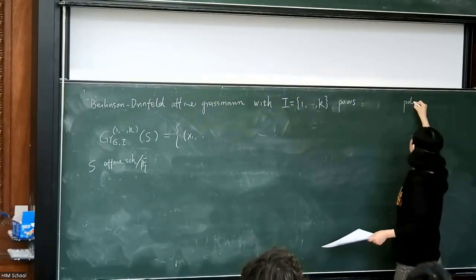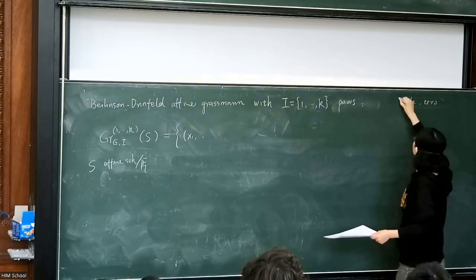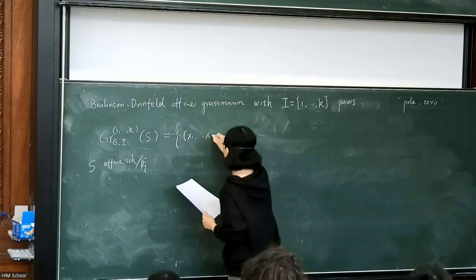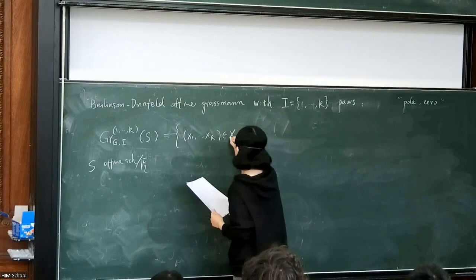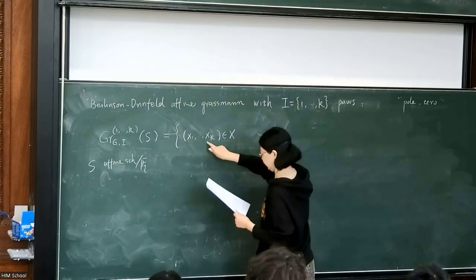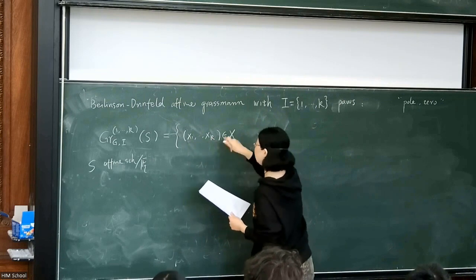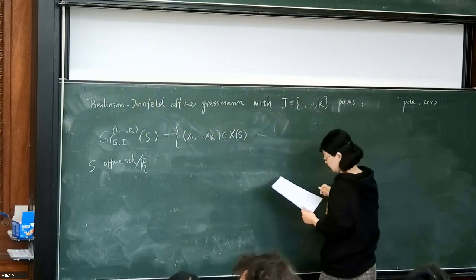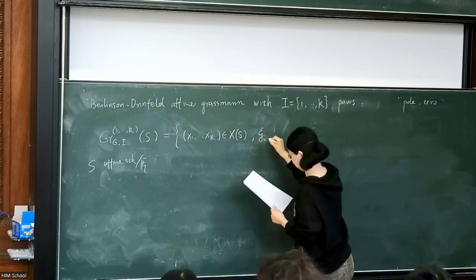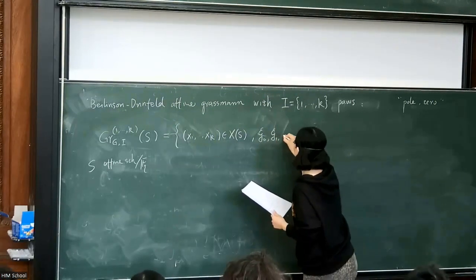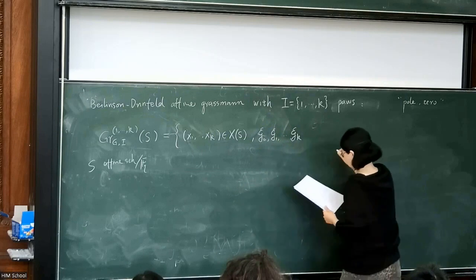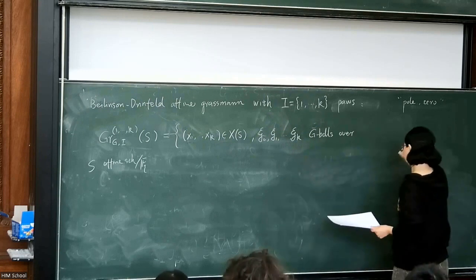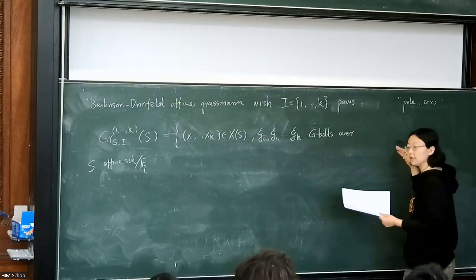So it's in fact a pole. So we have a coordinate for each leg: we have a map from S to X, and we have G-bundles over the formal neighborhood of the union of all the legs.